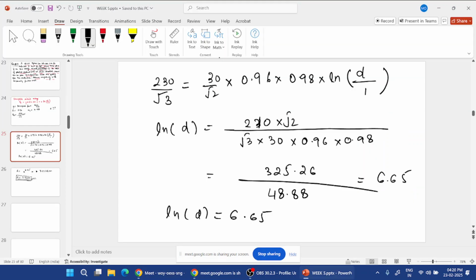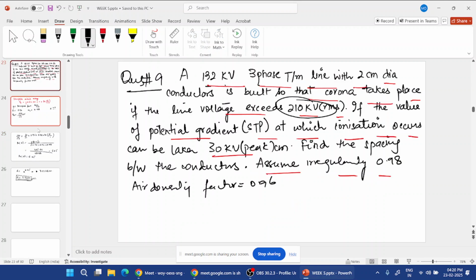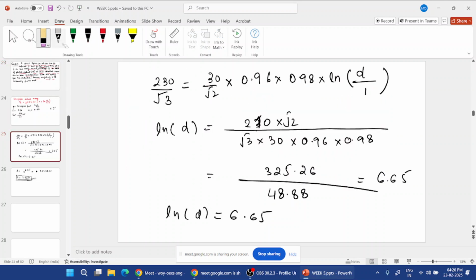It is 210. It's not 230. I don't know why I wrote 230. It is 210, and the value will get changed. That's why I'm considering why it is coming high.